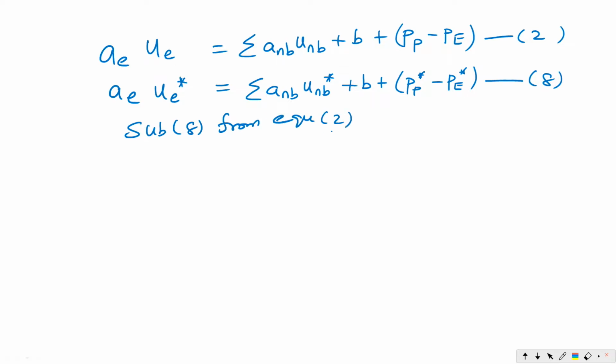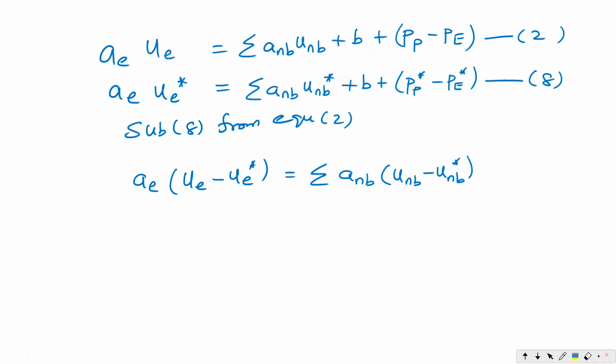So it becomes, AE can be taken common, AE of UE minus UE star is equal to sigma of ANB can be taken common, it will become UNB minus UNB star.